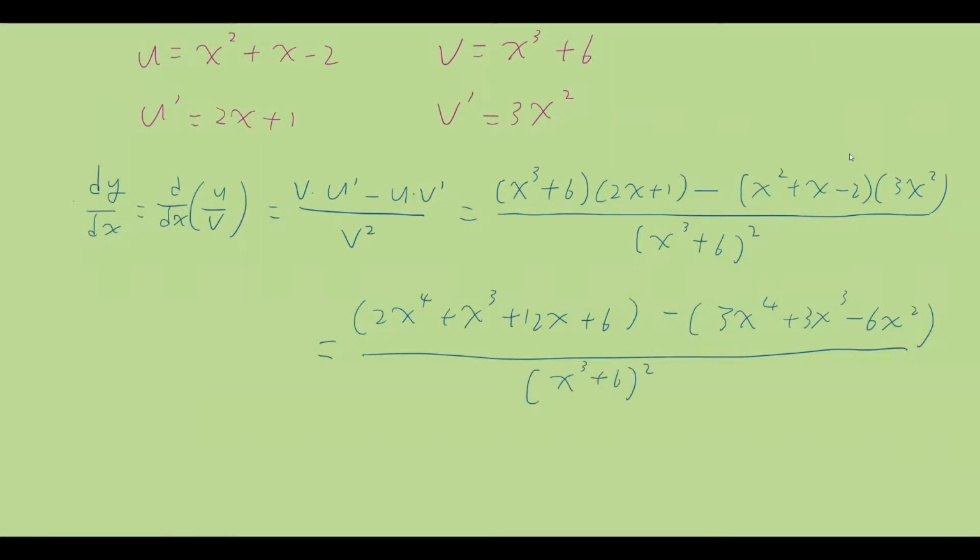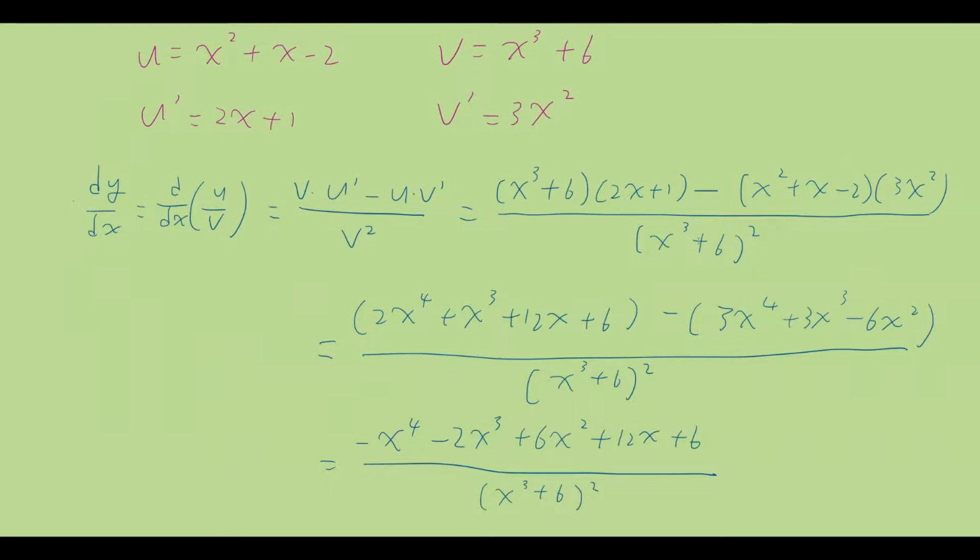And then in the numerator, we can combine a lot of the things together. Let's see what we have. We have negative x to the 4th minus 2x cubed plus 6x squared plus 12x plus 6, and again, all over x cubed plus 6 quantity squared.